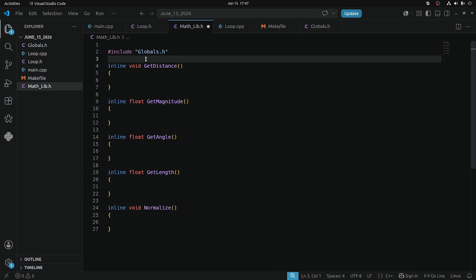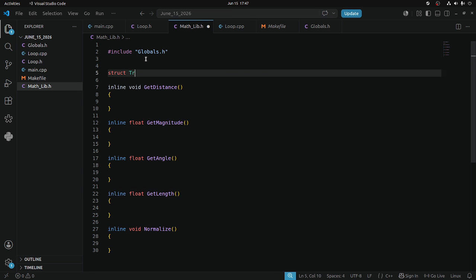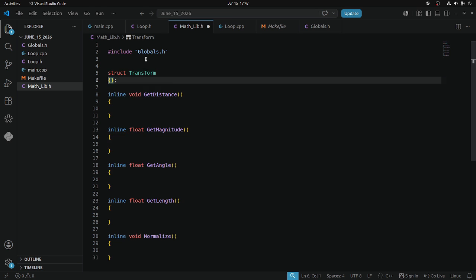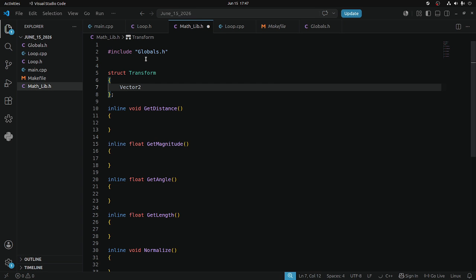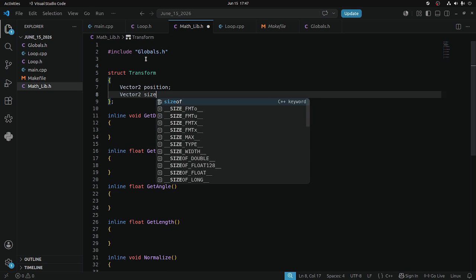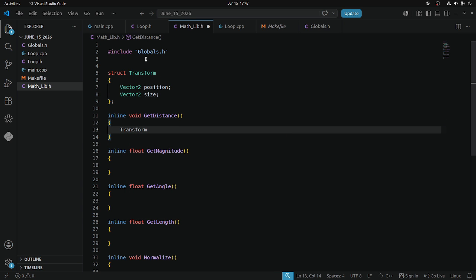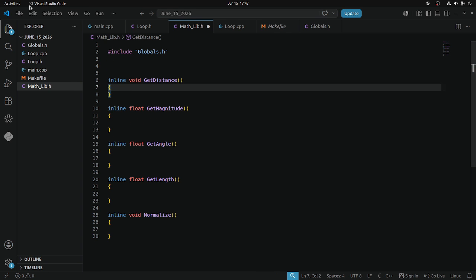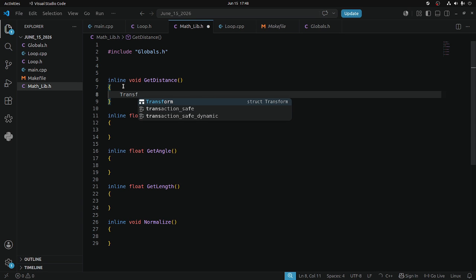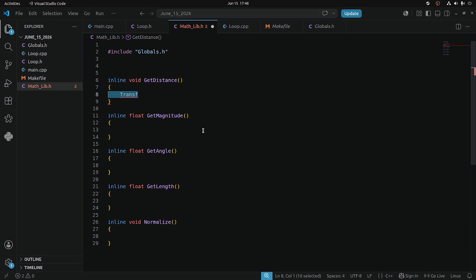For example, if I made a struct called Transform here, and I said, hey, my struct needs a Vector2 called position, a Vector2 called size, so on and so forth. Well, one thing that I do know about Raylib is it does come with Transform. And so if we were to do that, we would overwrite their Transform definition.